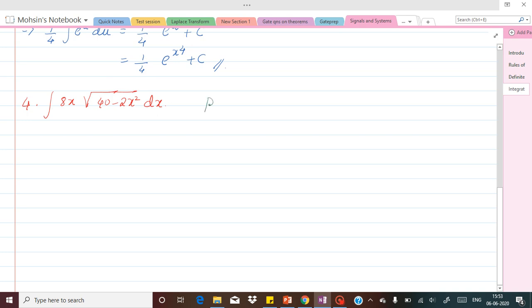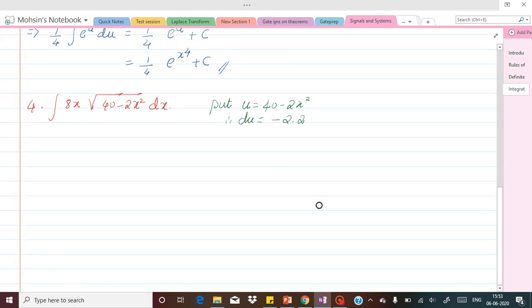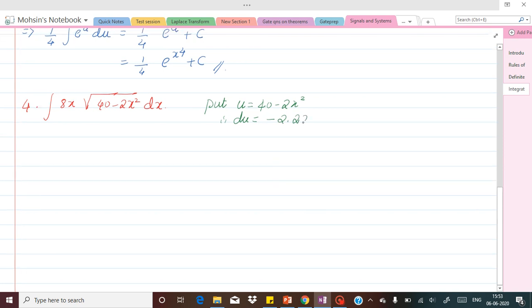So therefore I'll write here, put u equal to 40 minus 2x square, therefore du will be equal to, so differentiation of 40 is going to be 0, minus as it is 2 into 2x dx.